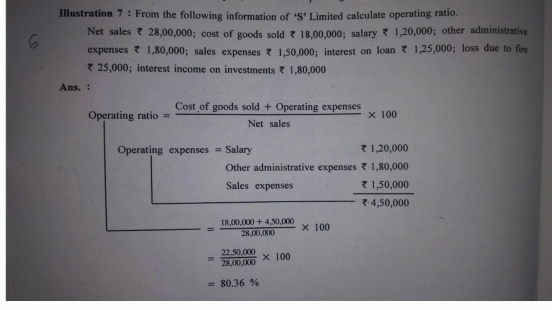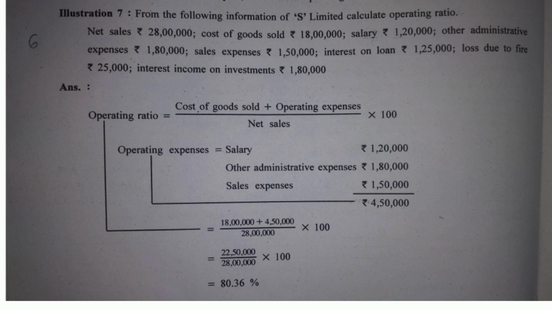Sales is given, 28 lakh. COGS is readily given, 18 lakh. Salary, other administrative expense, etc., are given. So again, one thing is clear here, that we are supposed to calculate operating expenses.